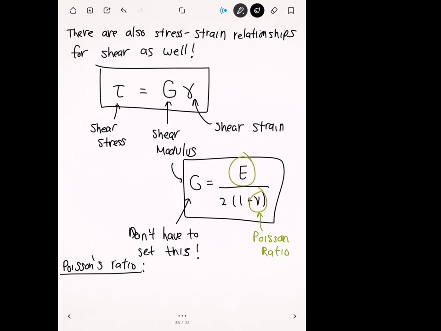What the Poisson's ratio does is it measures how much a material will deform in directions that are perpendicular to the loading.